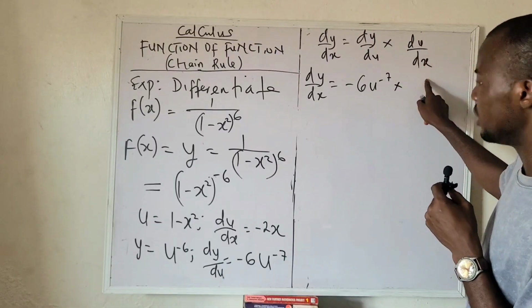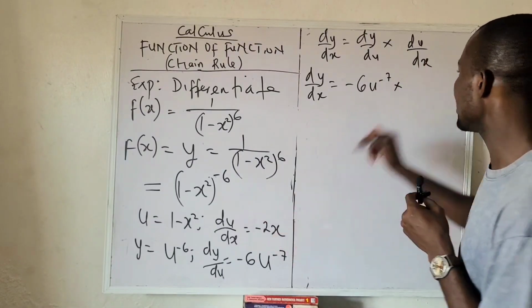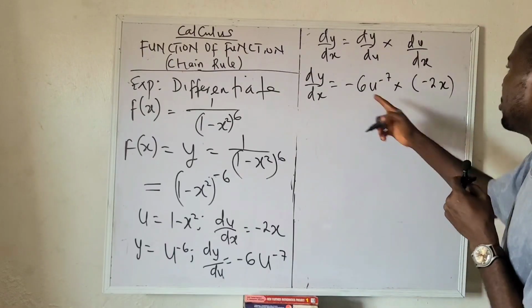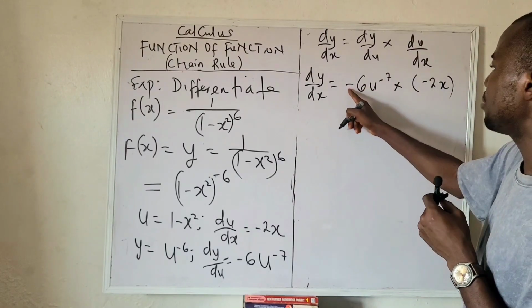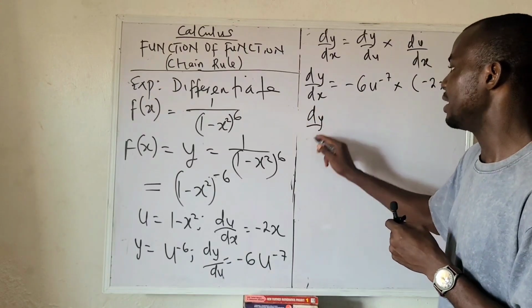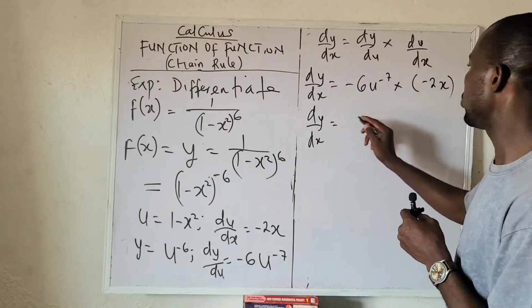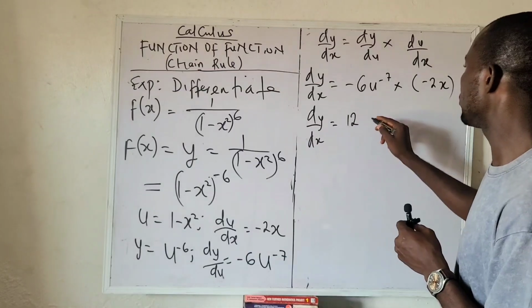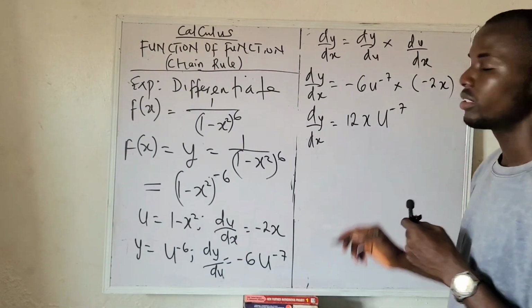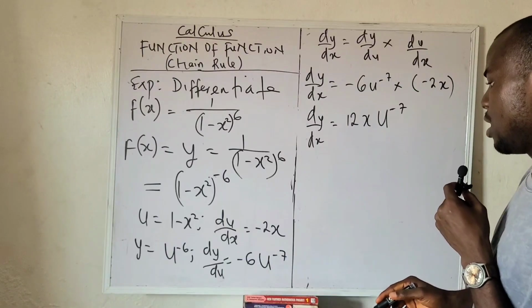What's your du over dx? Your du over dx is negative 2x. Now multiply these together. If you multiply the coefficients, you get dy over dx equal to 12x u to the power minus 7.